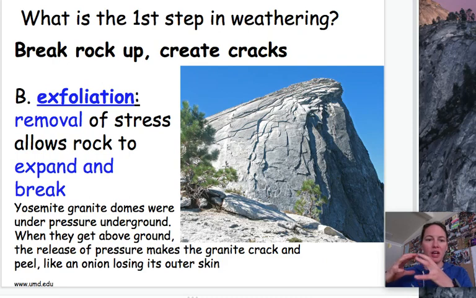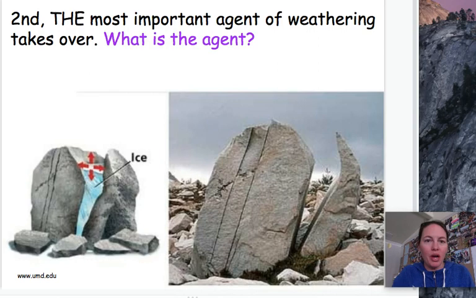As the rock comes up above ground, it releases the pressure and it makes the granite crack and peel like an onion. And you can see this on a lot of the domes, especially if you go to Tuolumne. You'll see these cracks, and it looks like the rock's outer layers of skin are sloughing off, and that's exactly what's happening.